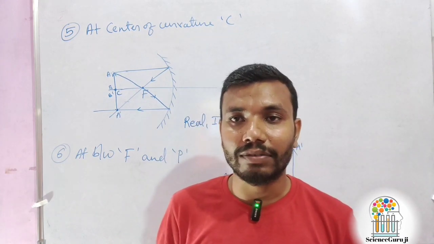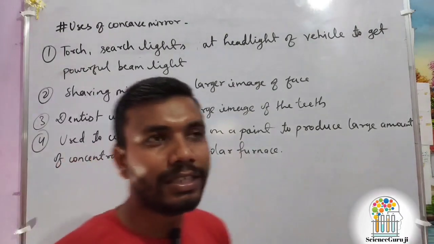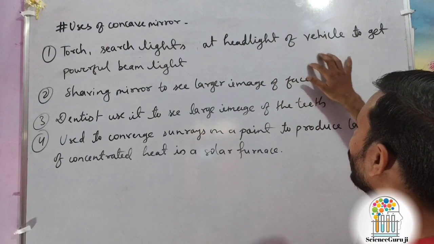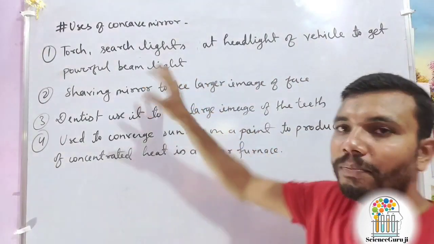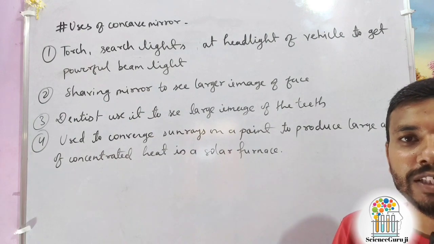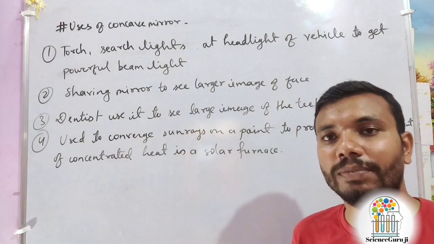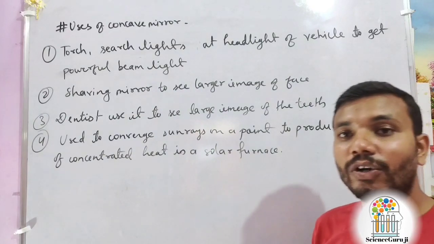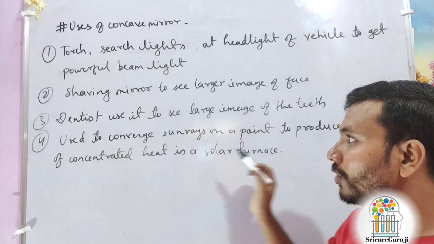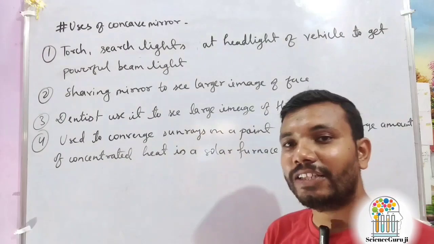Okay, let's understand the uses of the concave mirror. Concave mirrors are used in torches, searching lights, and also in the headlights of vehicles to get a powerful beam of light. Next, it is also used as a shaving mirror. Barbers use it to see a larger face of the customer. It is also used in a dentist clinic. Dentists use it to see a large image of the teeth of the patient.